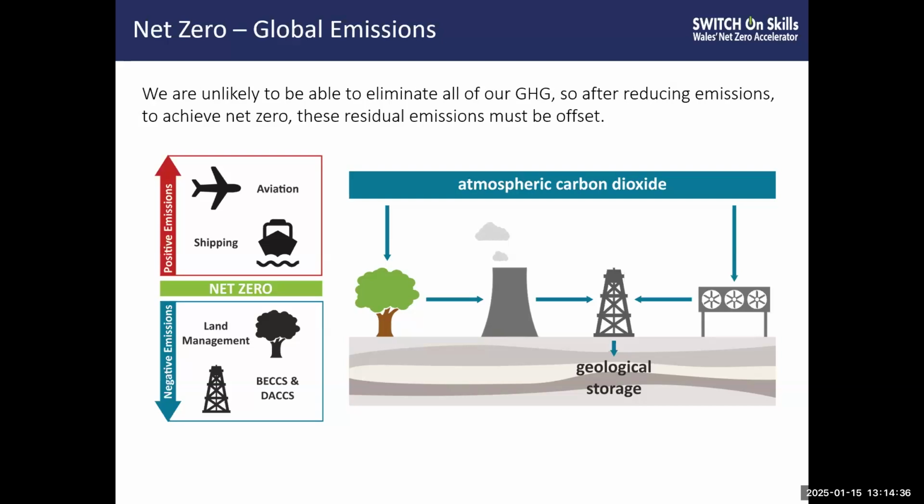Whereas we can actually have some negative emissions to offset, so it's called offsetting, like things like land management, where some carbon will sequester, but we can also capture some of this carbon and store it underground, as well as other methods like bioenergy with carbon capture and storage, so BECCS there, and other methods like direct air carbon capture and storage, or DACCS.